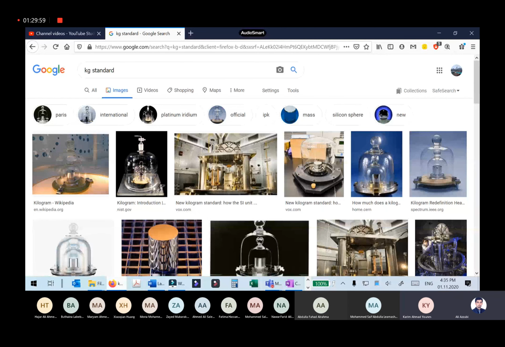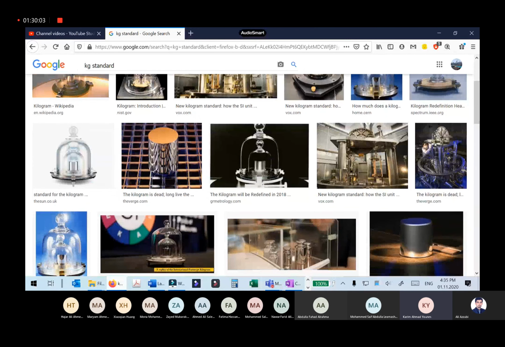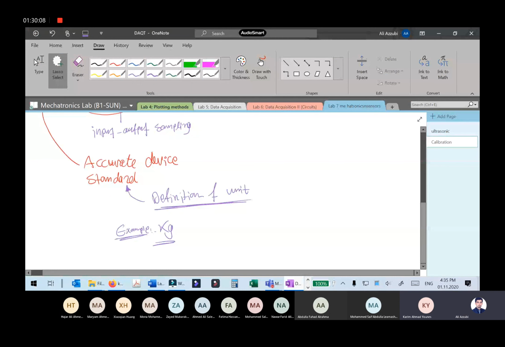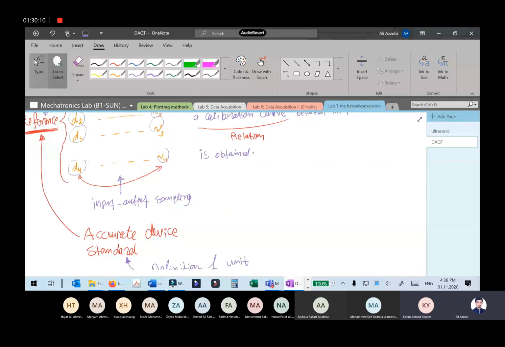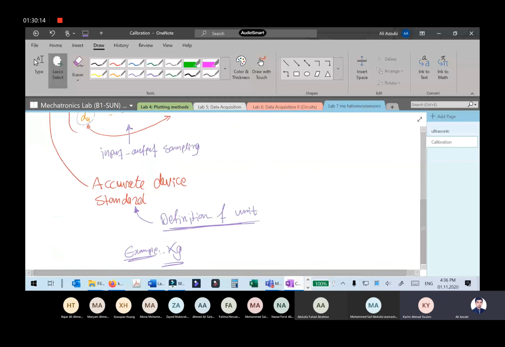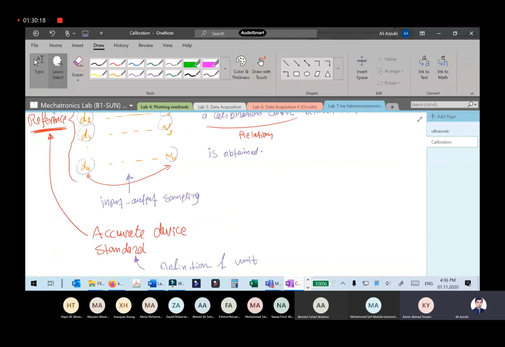For example, it's the reference point. Sorry? Can we say the reference point of a certain quantity or measurement? You mean the reference location? No, I mean the standard. Can we say it's our reference? Yeah. For example, in case it's a mass.